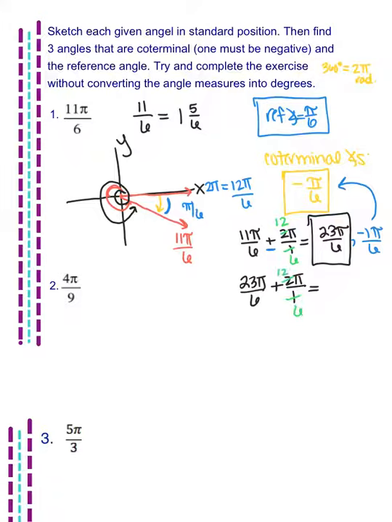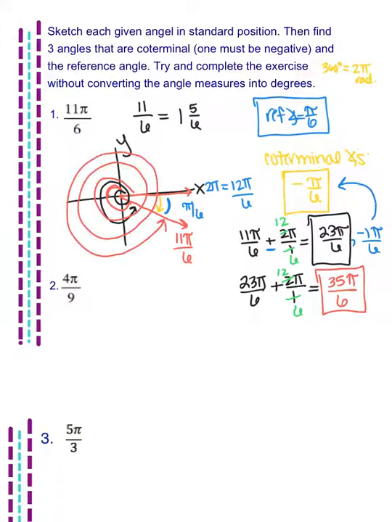And now if I take 23 pi plus 12 pi, I end up with 35 pi over 6. So that means I'm going around twice, 1, 2, and then I'm landing here. So there I have 3 coterminal angles now, one of which is negative. And again, I can have an infinite number of coterminal angles. I will just keep adding 2 pi or subtracting 2 pi, and I will keep getting more and more and more.